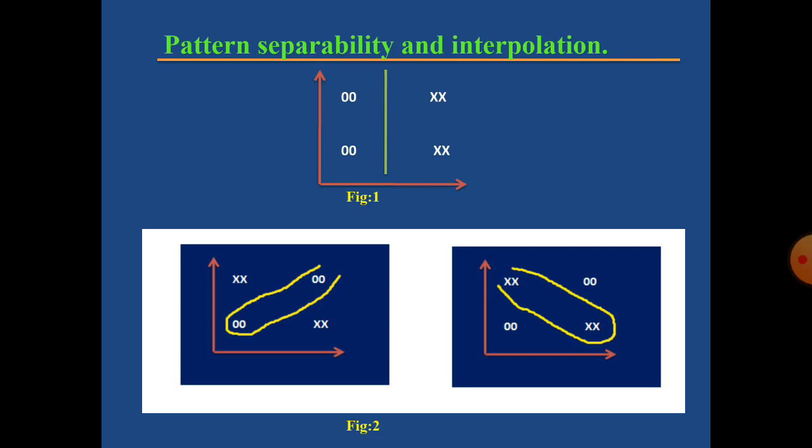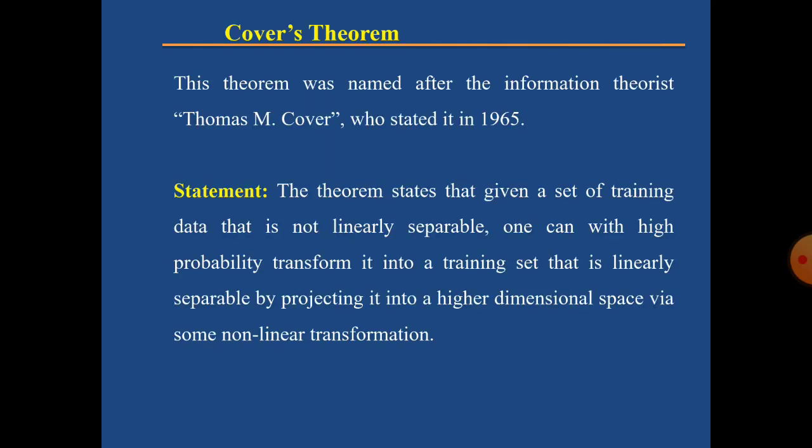How? For this we will use Cover's theorem. I hope you have understood the brief overview of pattern separability. Here the net input is a linear function of the individual inputs and the output is a linear function of the net input. Now we are going to discuss this by using Cover's theorem.